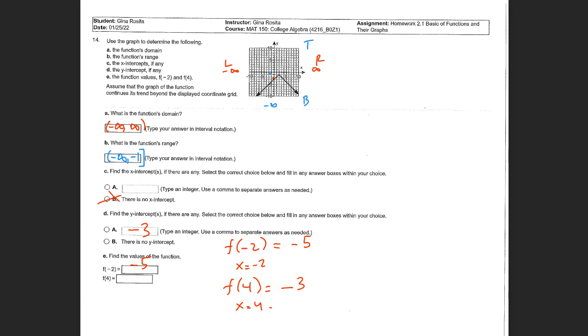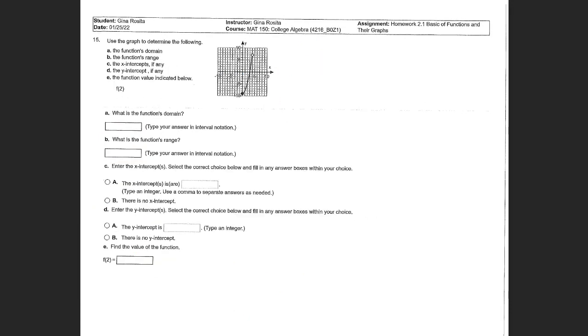So now the last one. This is the same. Use the graph to determine the following: A, the function's domain; the function's range; the x-intercepts, if any; the y-intercept, if any; and the function value indicated below, f of 2.